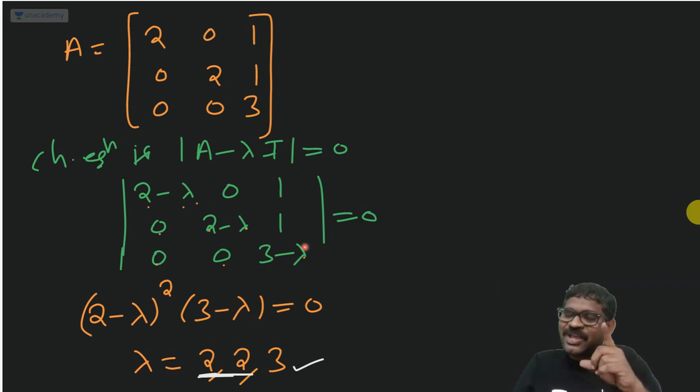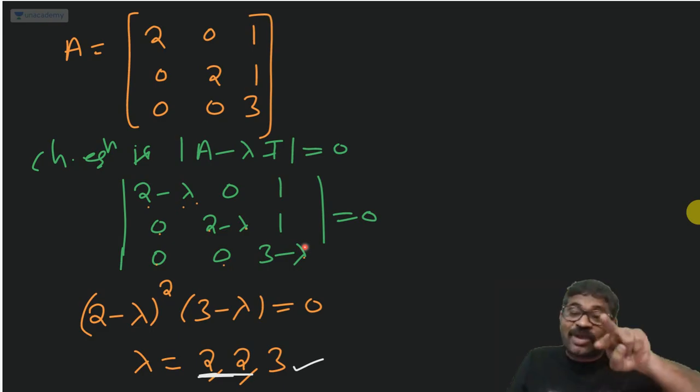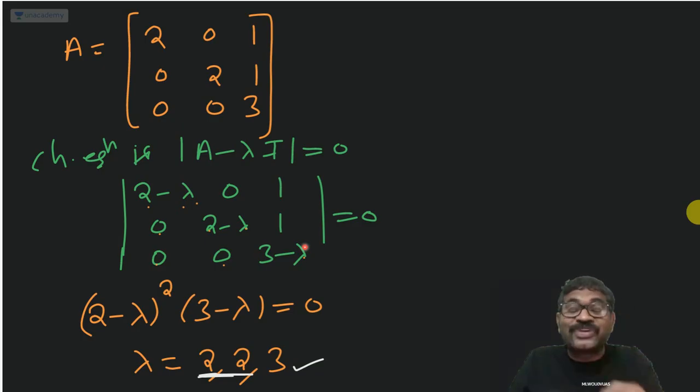That's why if all eigenvalues are distinct, you can give the conclusion. But if a repeated eigenvalue comes, you can't give the conclusion directly. After reducing into echelon form and finding rank of A minus lambda I, comparing with total number of variables, counting the excess number of free variables gives us how many independent eigenvectors in the case of repeated eigenvalue.